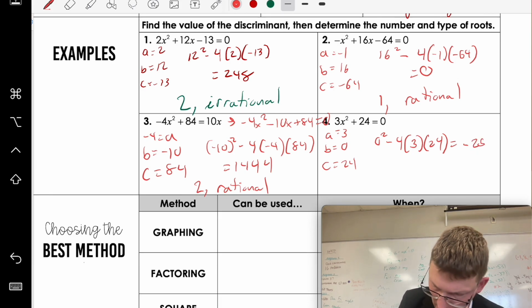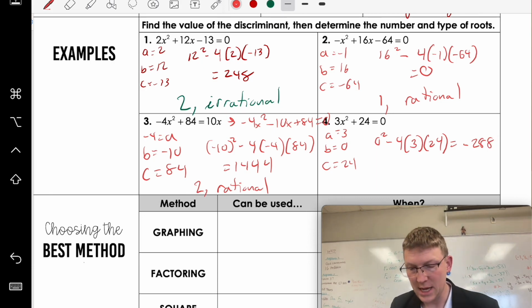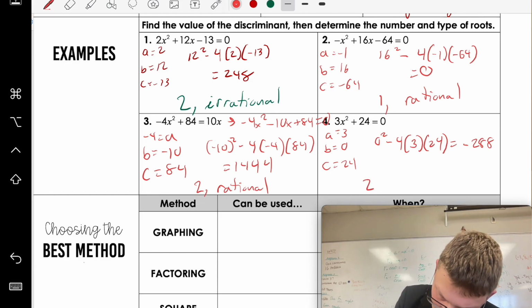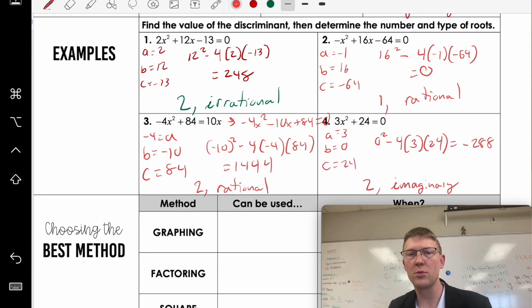So it's negative, so it's going to be two solutions, and they are going to be imaginary. So that's how the discriminant can help us decide how to solve these things.